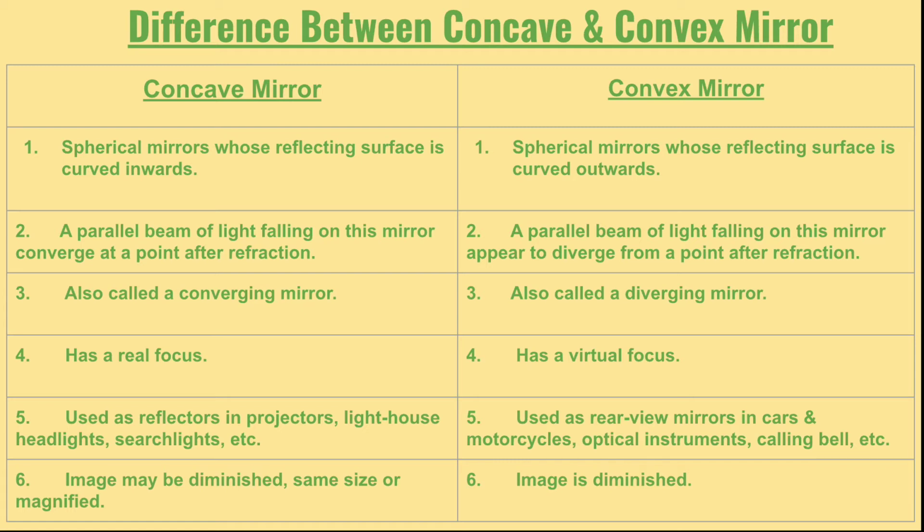Concave mirrors are used as reflectors in projectors, lighthouses, headlights and searchlights, whereas convex mirrors are used as rear view mirrors in cars, motorcycles, optical instruments, calling bells, etc. In a concave mirror the image may be diminished, same sized or magnified, whereas in a convex mirror the image is always diminished.